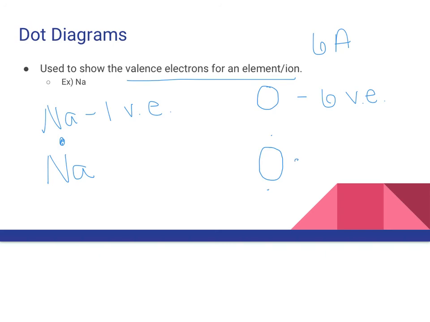So 1, 2, 3, 4, and now I can double up, 5, 6. My dot diagram for oxygen should look like this: 1, 2, 3, 4, 5, 6. So dot diagrams are just yet another way in which we can show or represent the valence electrons in an atom.